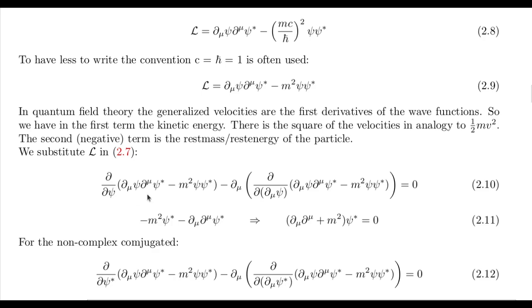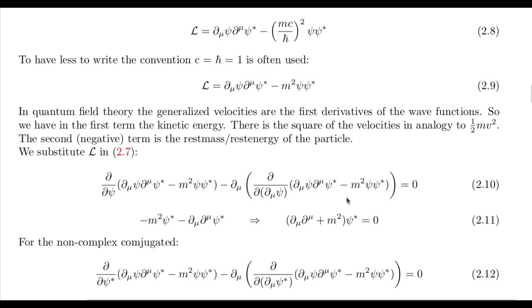So that means because these are independent coordinates, the derivatives and the psi itself, we don't get anything from this first addend here. We only get something from this one here because we differentiate with respect to psi, so psi is cancelled out.